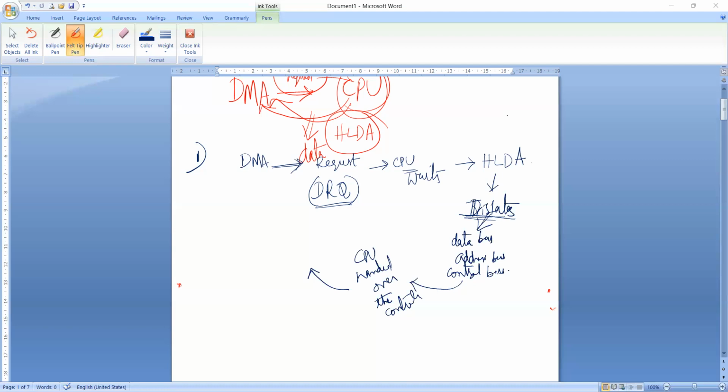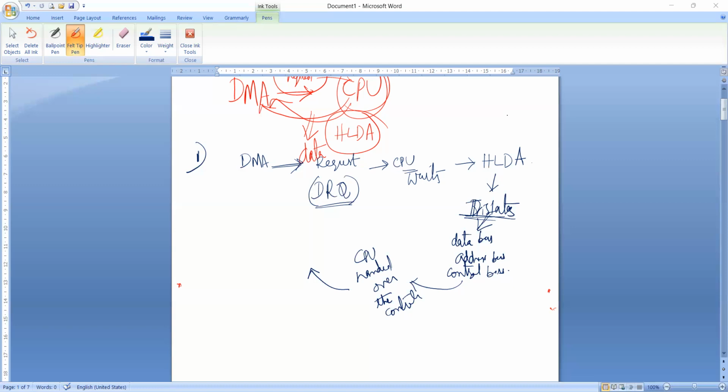Then the microprocessor tri-states all data buses, address buses, and control buses. The CPU leaves the control over the buses and acknowledges the hold request through the HLDA signal to the DMA controller. Now the CPU is in hold state. Now the DMA controller has to manage all the operations over the buses between the CPU, memory, and IO devices.